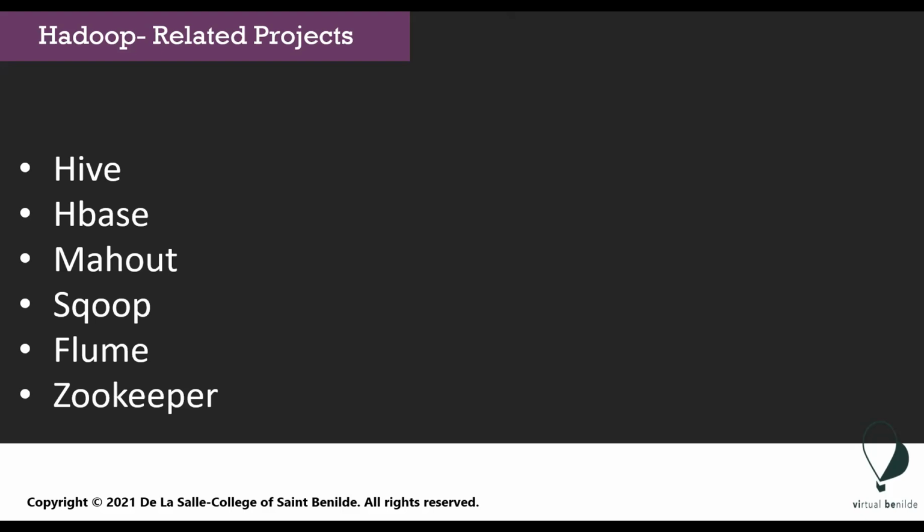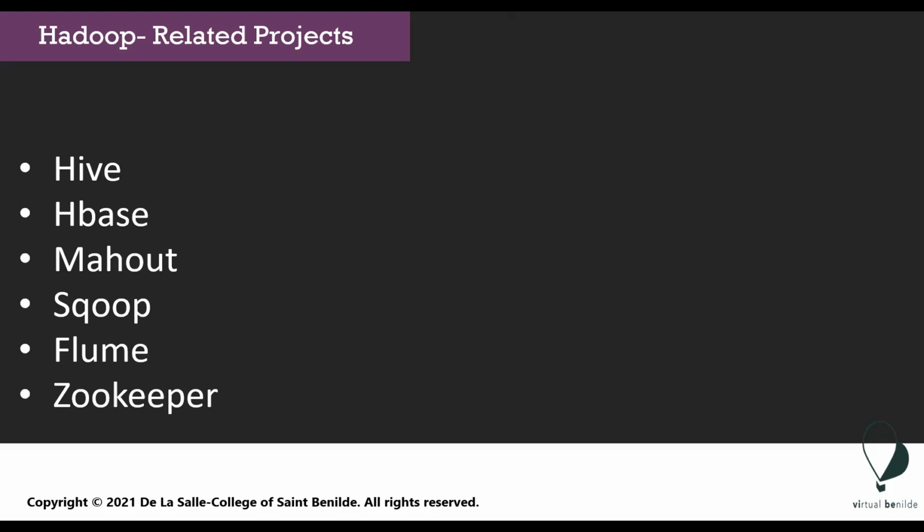Now we're going to discuss what is Sqoop in Hadoop, or we call it Apache Sqoop. Okay, this is known as SQL to Hadoop. So ito naman yung data na using SQL, you are going to input data to Hadoop.